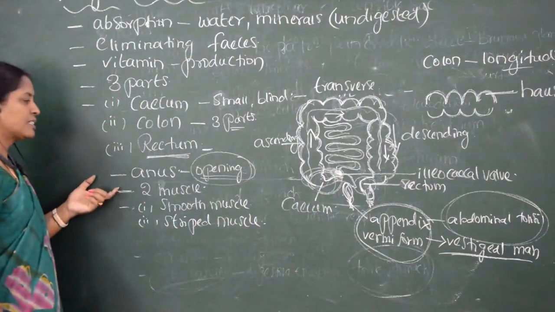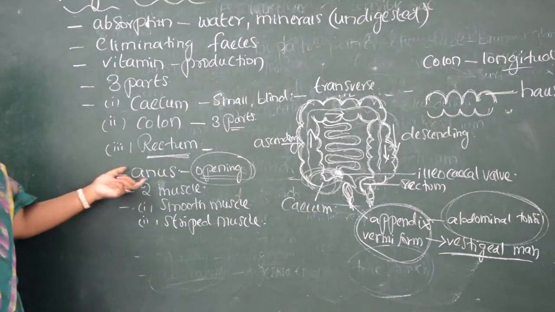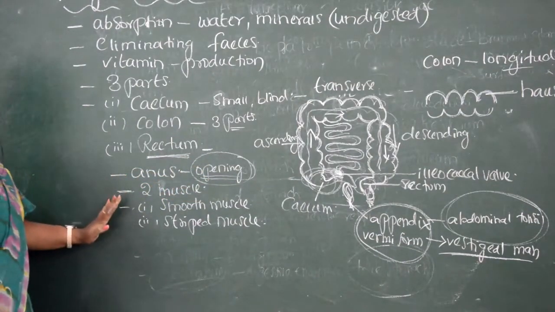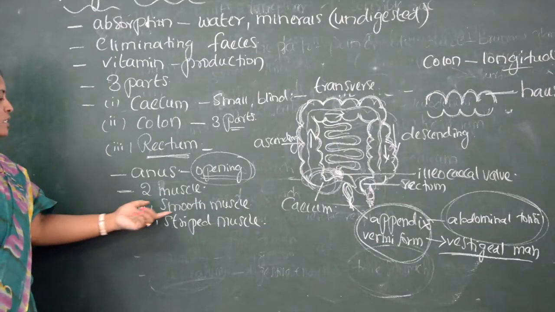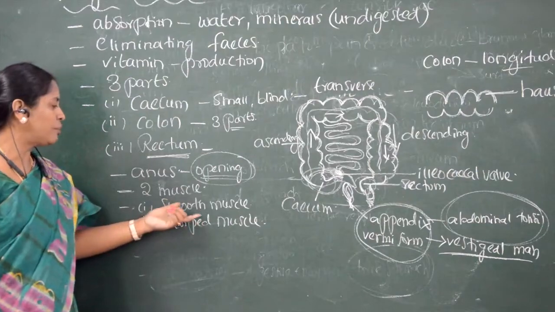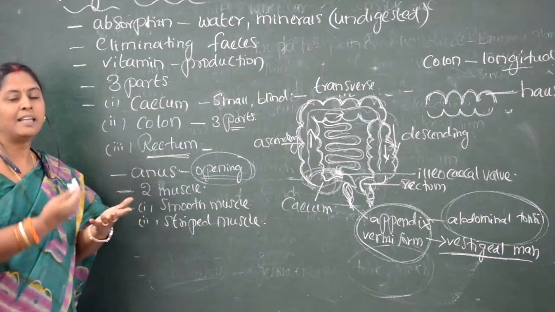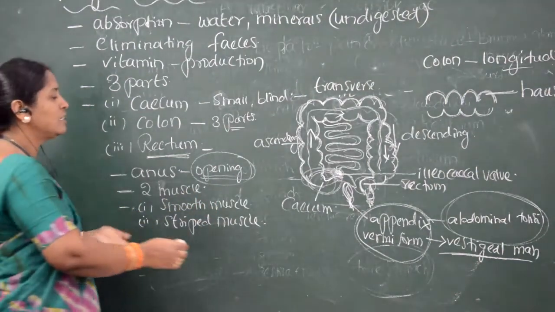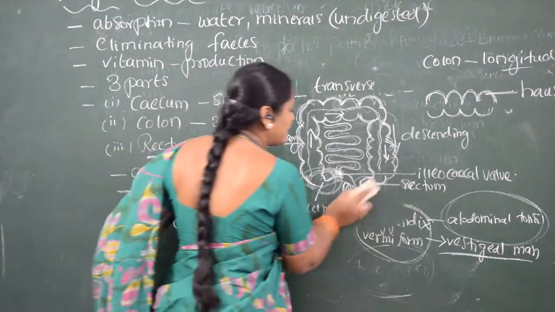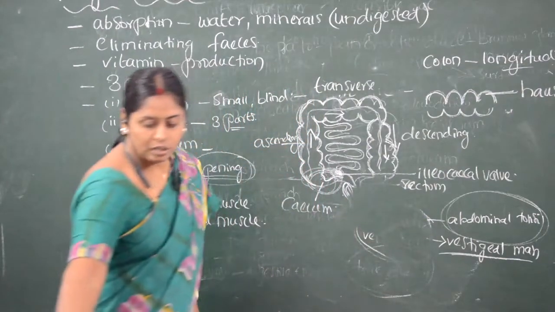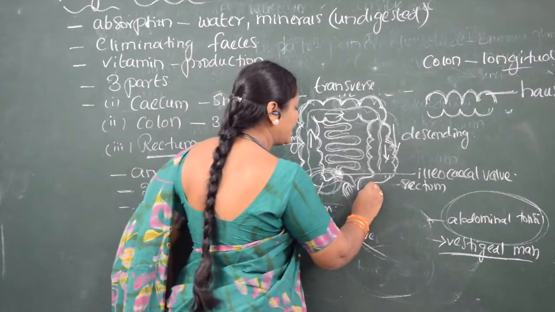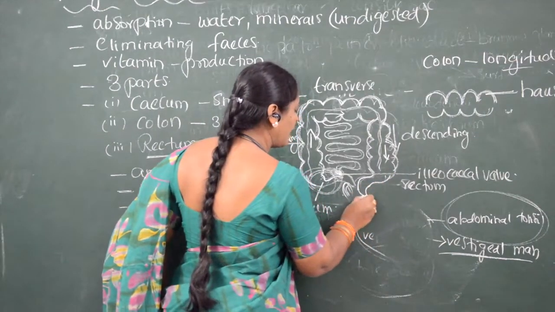See, the anus is the posterior opening of the alimentary canal. It consists of two kinds of muscles. One is smooth muscle, another one is striped muscle. Smooth muscles are present in the internal anus. Suppose this is the rectum, the rectum leads to a part called the anus.